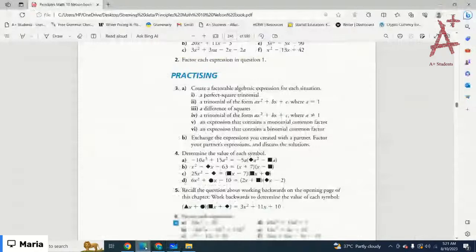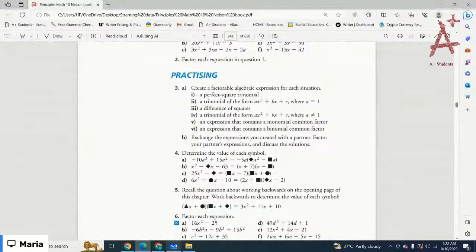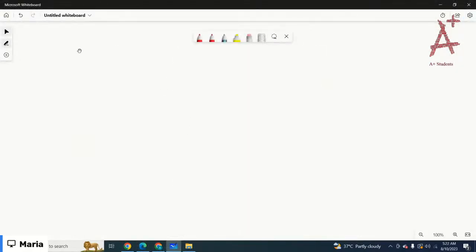Perfect square. It would be x squared minus 2x and plus 4. That would be the perfect square.